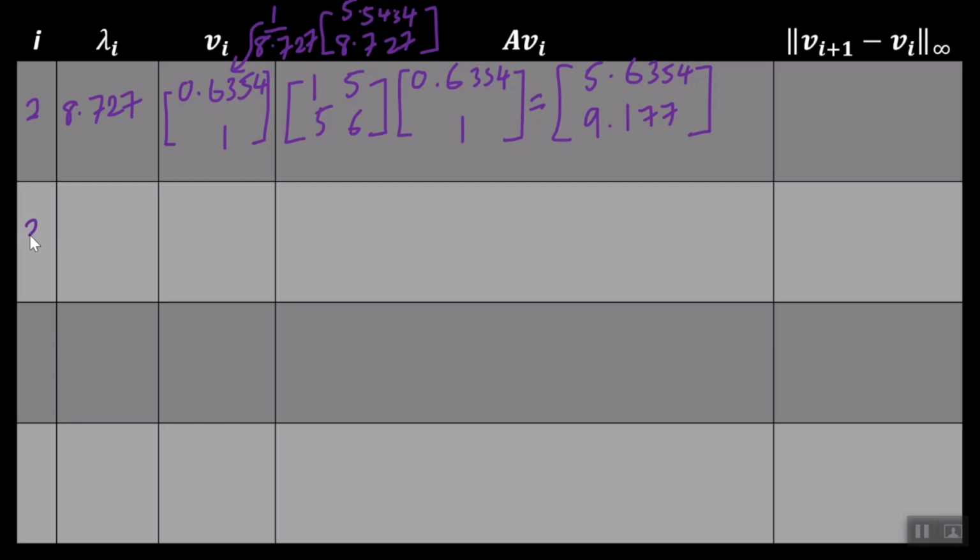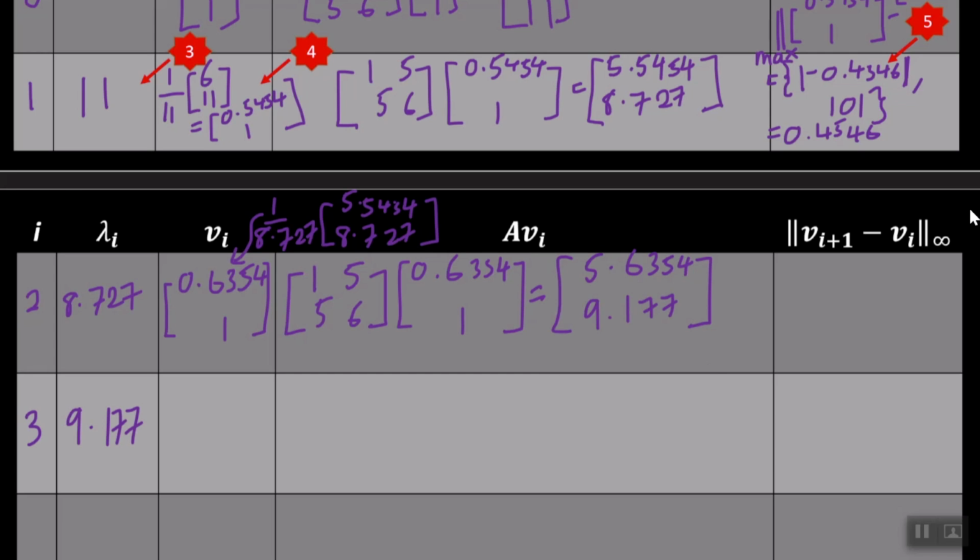So we could find our new lambda by taking the entry with the highest magnitude, which is 9.177. But before that, I forgot to calculate the error, the infinity norm.